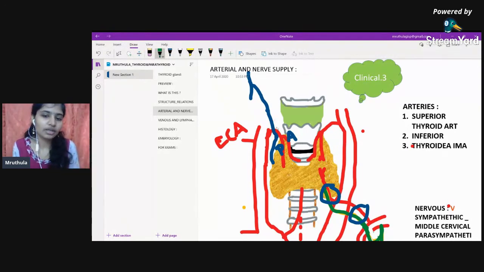Now you will tell me, for the recurrent laryngeal nerve and inferior thyroid artery, I want to ligate the inferior thyroid artery. Where should I ligate the artery, so that I would not injure the recurrent laryngeal nerve? Is it close to the gland or away from the gland? Where should I ligate?